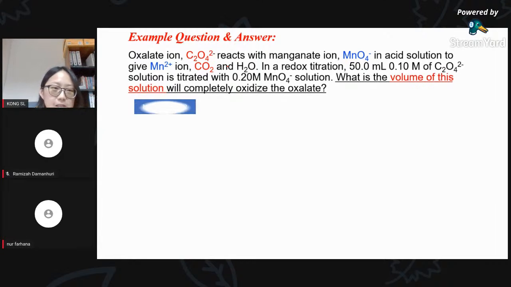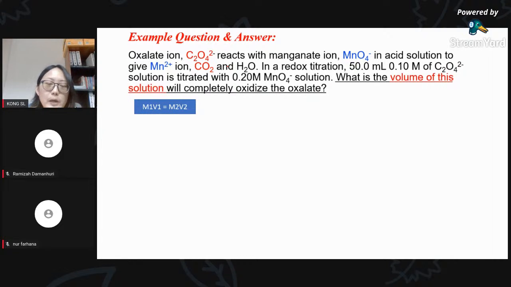Madam, ada orang tanya soalan. Any tips to identify the equation is basic or acidic? Depends on the question. The question will tell you. If the question asks about acidic medium, you just balance it using the acidic way.